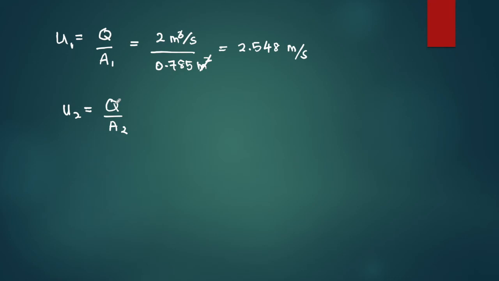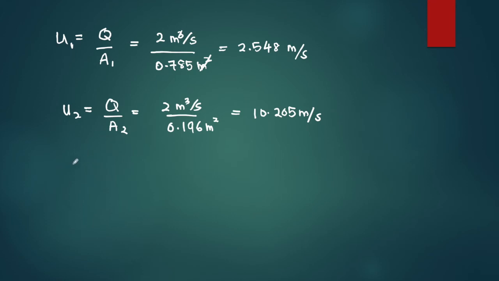We have only one flow from area 1 to area 2. So substitute the value 2 meter cube per second divided by the area for A2, which we already calculated, 0.169 meters square. From here we will get 10.205 meter per second. Now we already solved for velocity 1 and velocity 2.